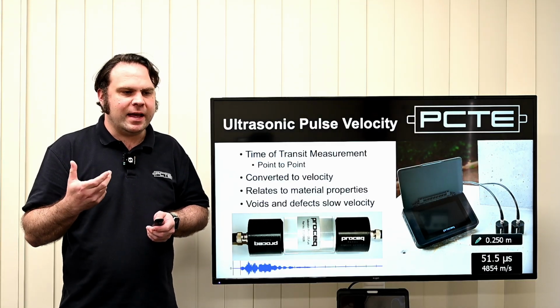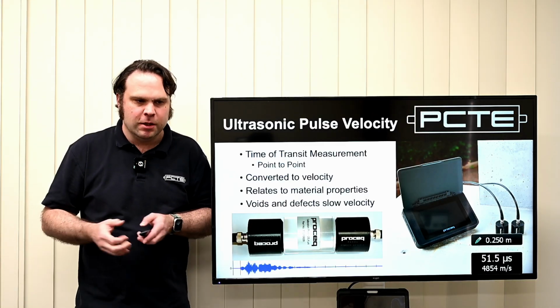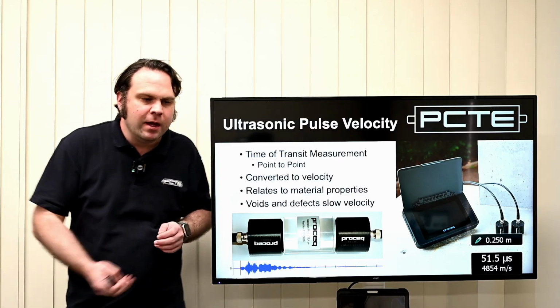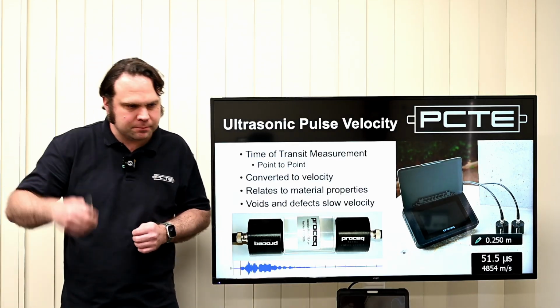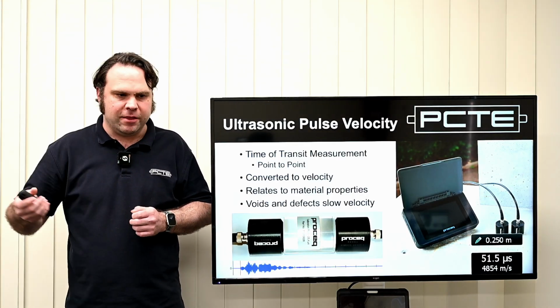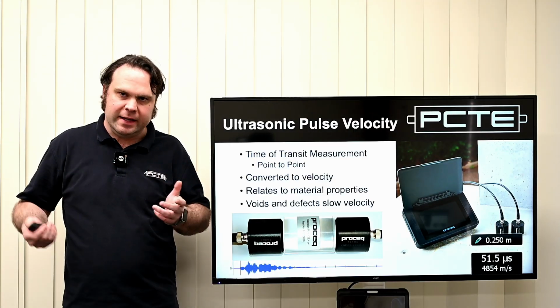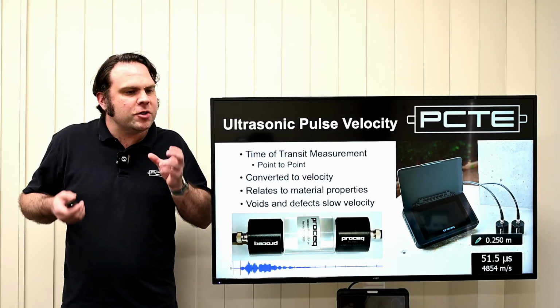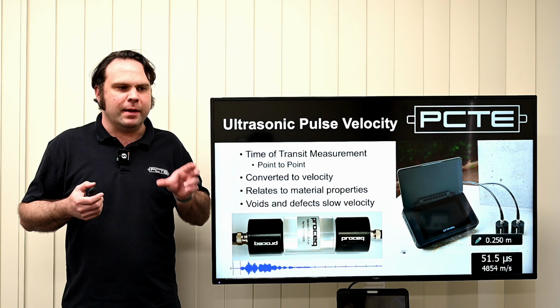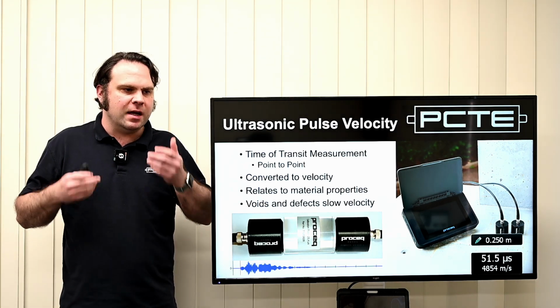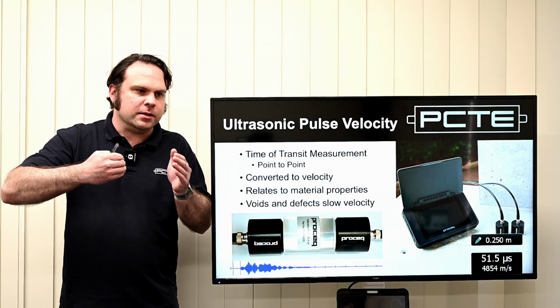So we can see that it's a point-to-point transmission. We send from one transducer, it passes through a material, and we receive it at the other end. Our raw measurement is in microseconds, but we usually give it a piece of geometric information. We're going to give it our distance between the two sensors.